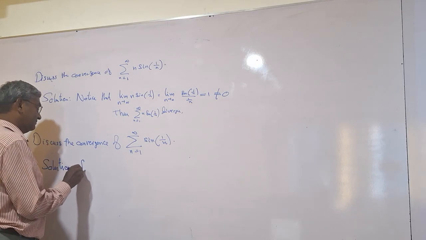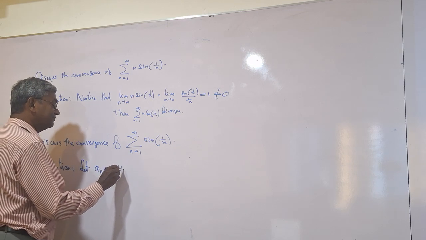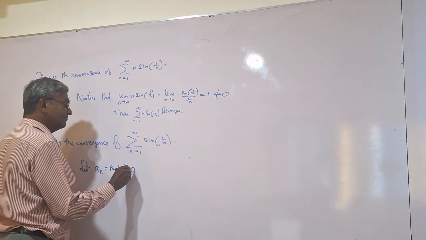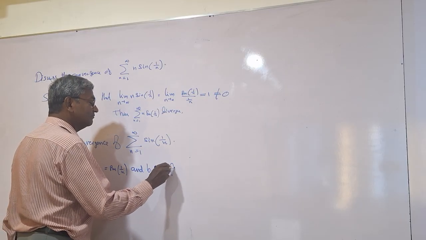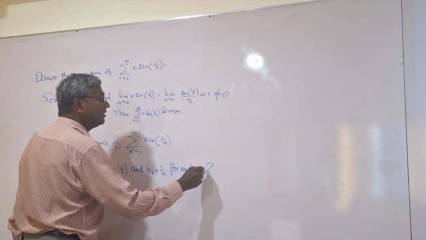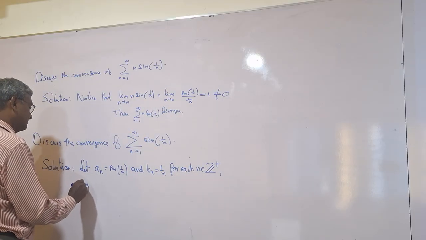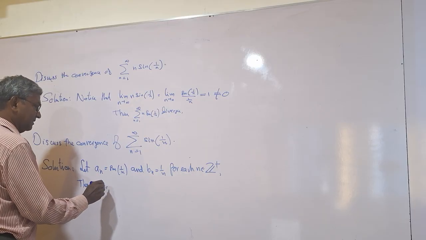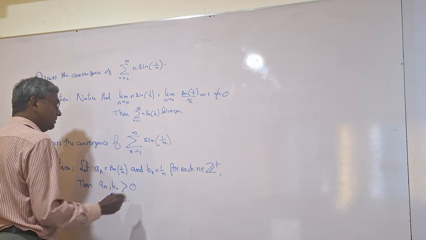Let a_n equal sin 1 over n and b_n equal 1 over n for each n belonging to the positive integers. Then a_n and b_n are both greater than 0 for each n.